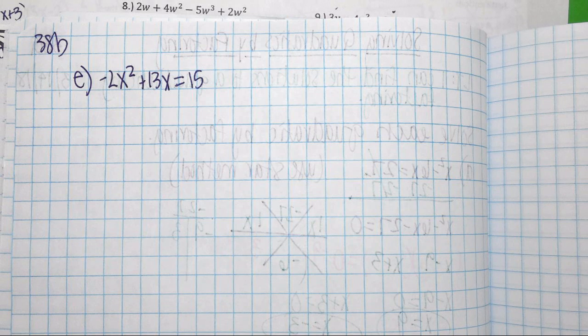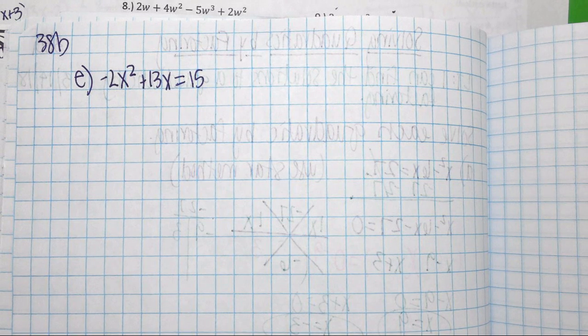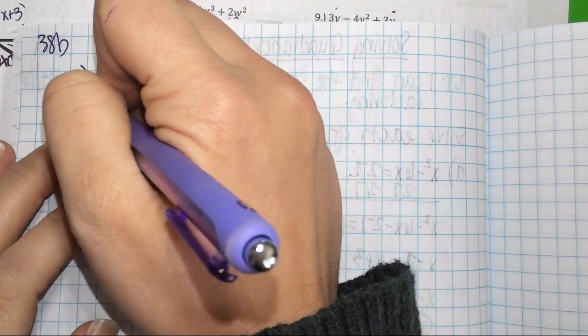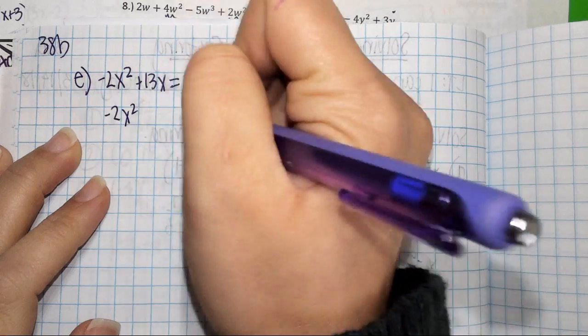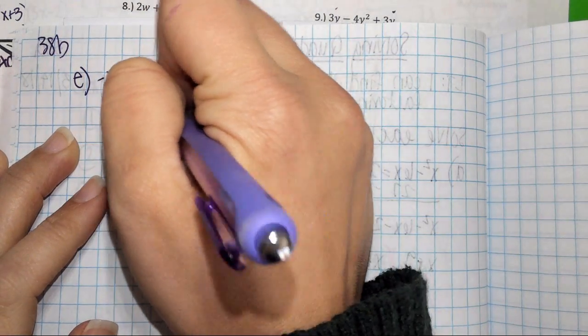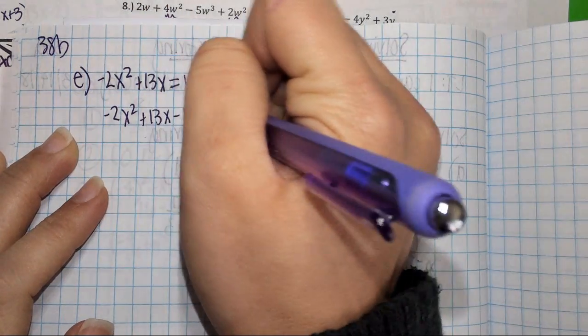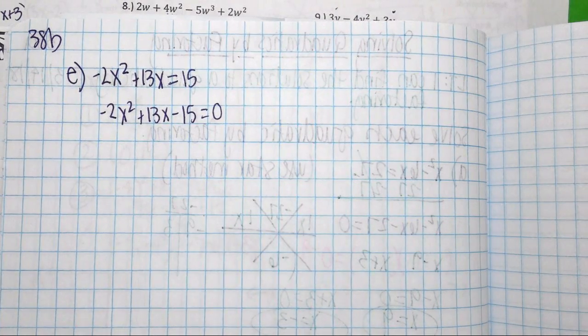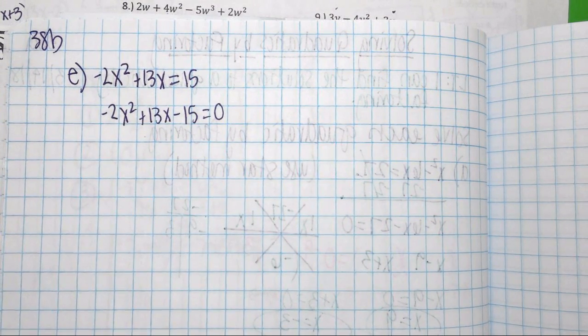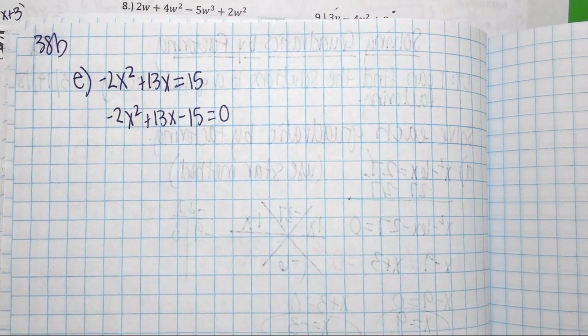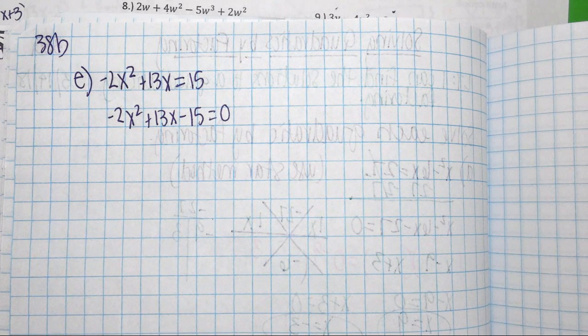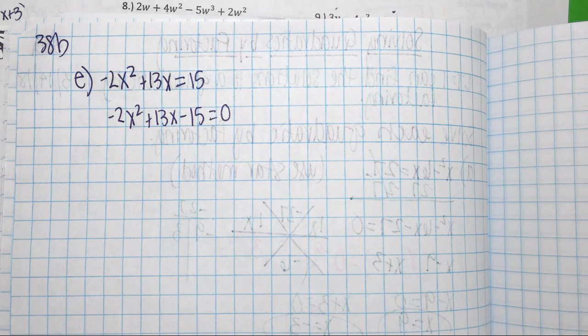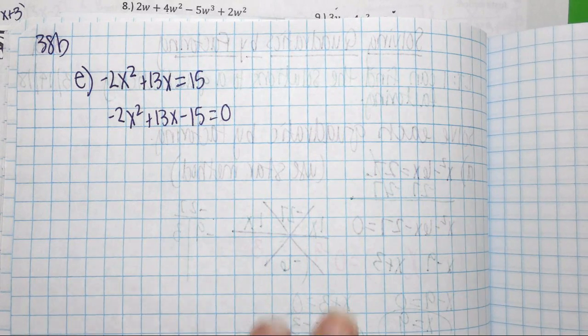Alright. Is my quadratic equal to 0? No. Okay, so what do I need to do to get it equal to 0? Subtract 15. Subtract 15, and I get negative 2x squared plus 13x minus 15 equals 0. Now I do the star method.